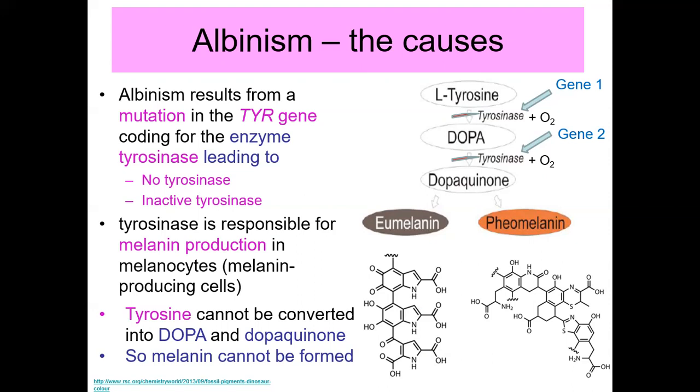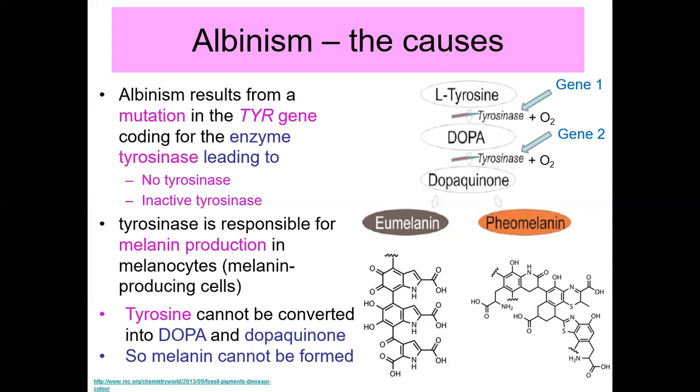So these 2 are melanin. In order to produce melanin, the color pigment of our skin, eye, and hair, we need these 2 tyrosinase enzymes, coded by these 2 genes. When there's a mutation in gene 1 or gene 2, the tyrosinase will change shape.